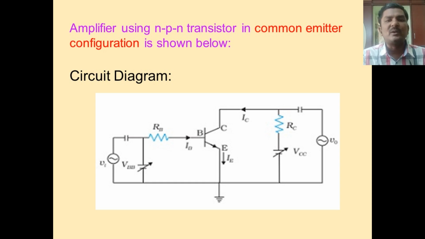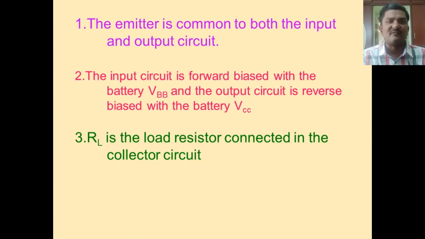The input circuit is forward biased with the battery VBB, and the output circuit is reverse biased with a battery VCC. Emitter is common to both input and output. Load resistance connected in the output circuit is denoted by RL or RC also. In some of the books they mention RC.